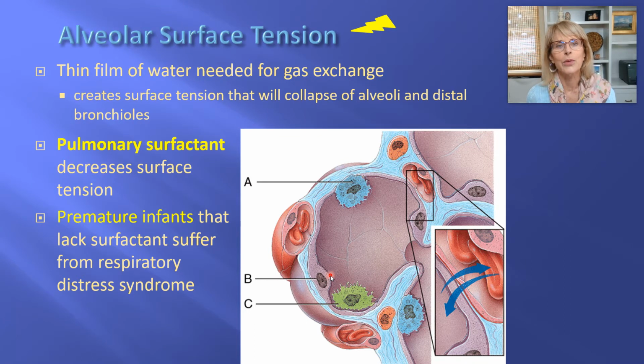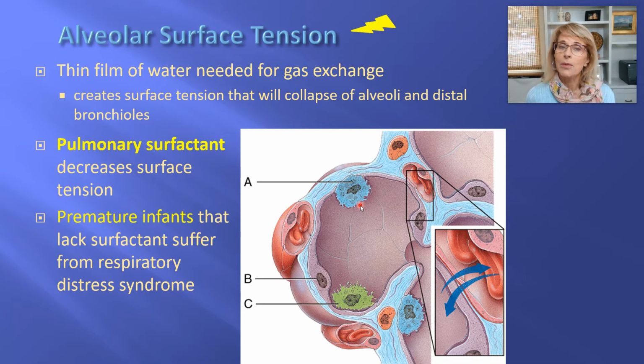This is another place where the coronavirus pandemic interfaces with our class, because coronavirus actually destroys these cells called type 2 alveolar cells. And these cells, the one pointed to with the letter A, those cells are the ones that make surfactant.